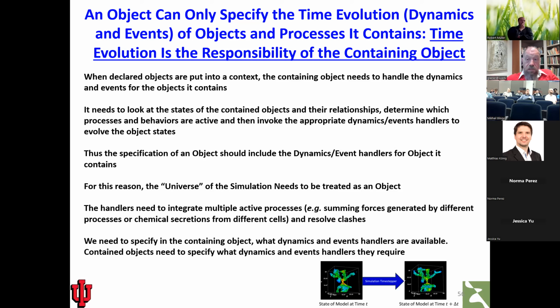If we use something like libRoadrunner inside of individual cells, we're fundamentally saying that the cell owns an event and dynamics specification evolver, a handler that operates not outside of the cell or on the cell itself, but rather on models that are contained within the cell. I think this is a very fundamental concept that needs to be explored more, and that's something that I'd like to talk about more.